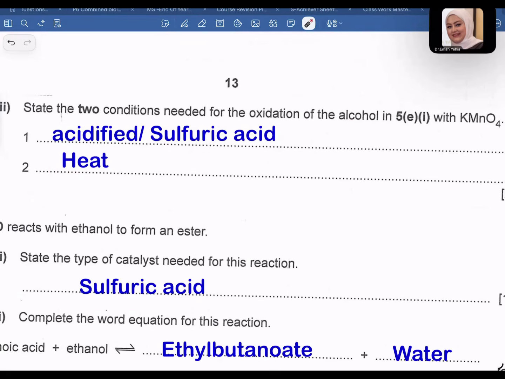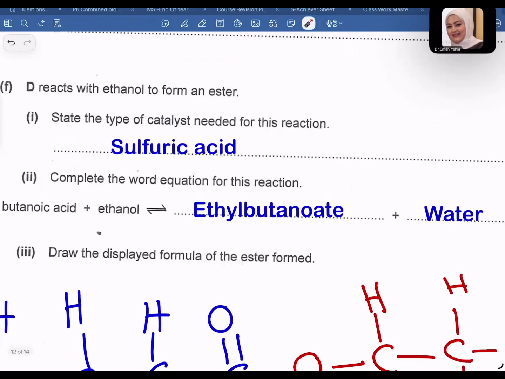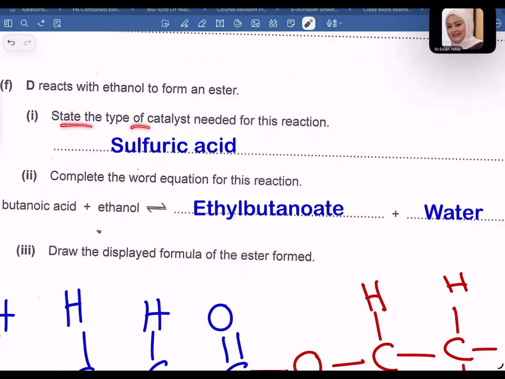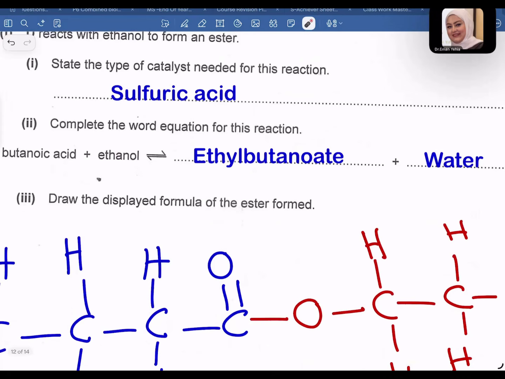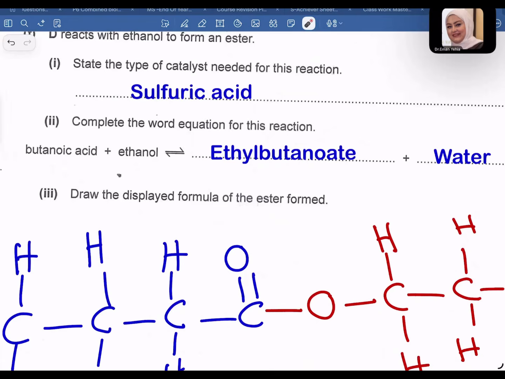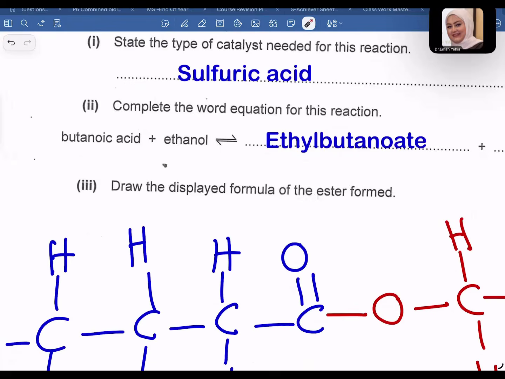Then D reacts with ethanol to form an ester. State the type of catalyst needed for this reaction. The catalyst is sulfuric acid, to remove OH from the carboxylic acid and H from the alcohol. Butanoic acid and ethanol react together. This is an esterification reaction, meaning ester formation. So how to name the product ester?